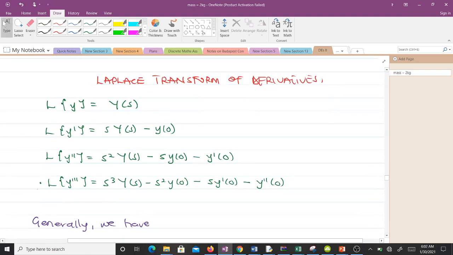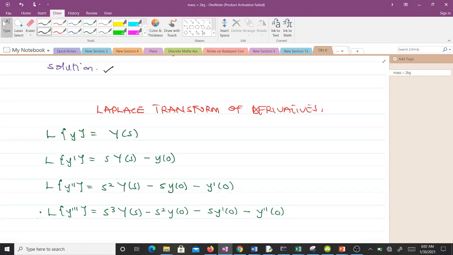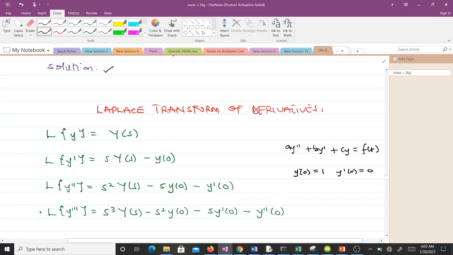Now, when you have a differential equation of this form, for instance, ay'' + by' + cy = f(t), with initial conditions, say y(0) = 1 and y'(0) = 0, and you want to solve it using the Laplace transform, you have to first transform this differential equation in terms of Laplace.